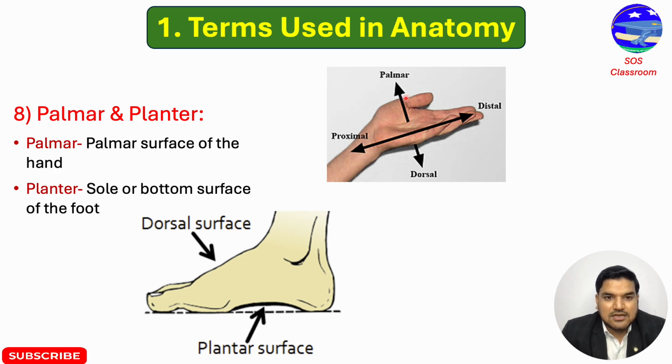In the hands, the front side is the palmar surface and the back side of the hand is the dorsal surface. Away from the body is the distal part, and nearby the body is the proximal part. So these are all general basic medical terms we study here.